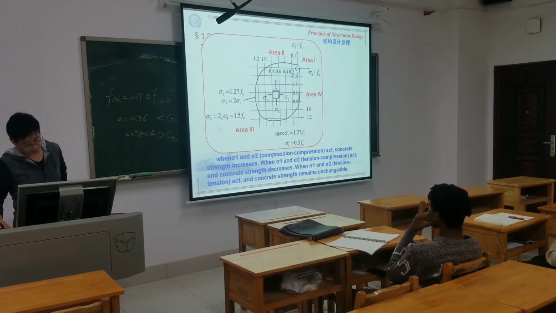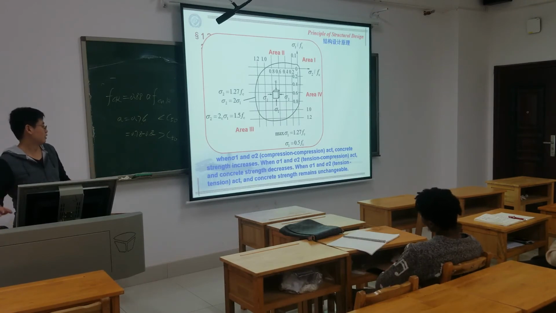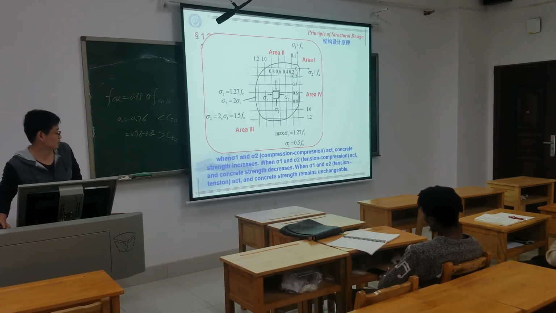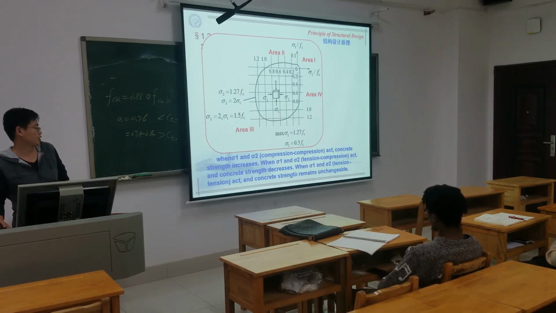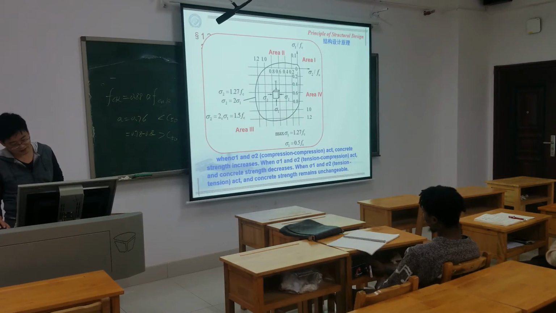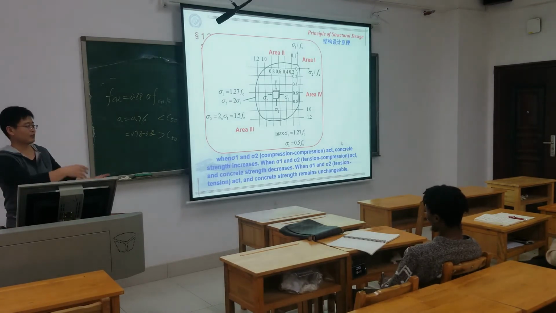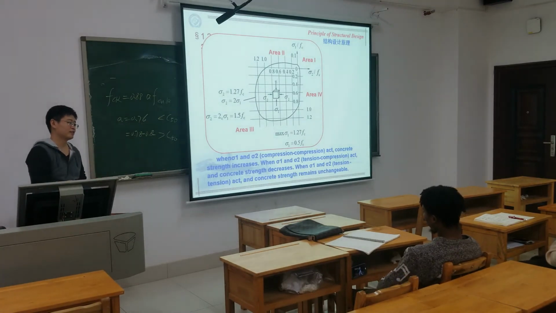But when sigma 1 and sigma 2 are both in tension, the value remains unchanged, with little influence. It's a little bit strange, but the result shows like that. If you have a chance, you can make a specimen and put it on the machine to try.